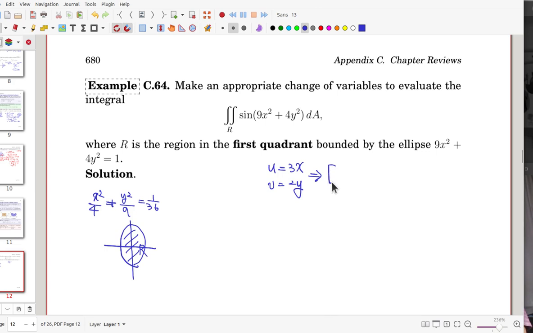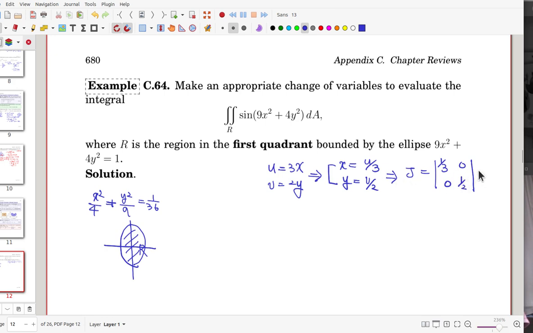So from here, the map is x equals u over 3, and y must be v over 2. And then the Jacobian is the determinant of the x u derivative 1/3 and the x v derivative 0, the y u derivative 0 and the y v derivative 1/2.